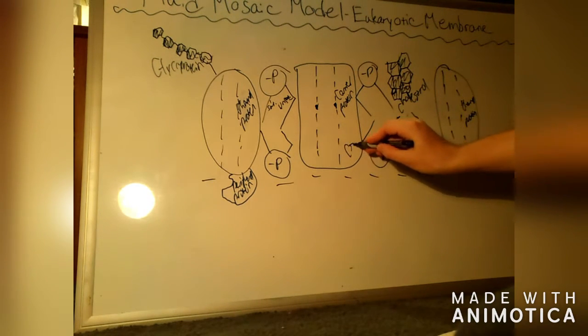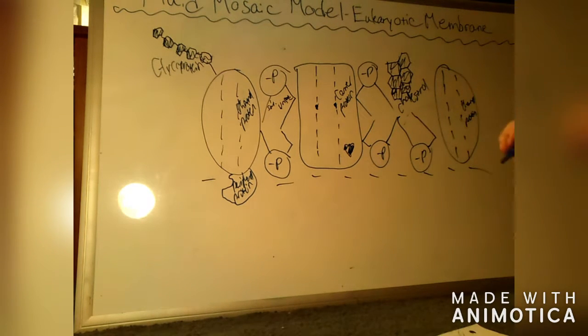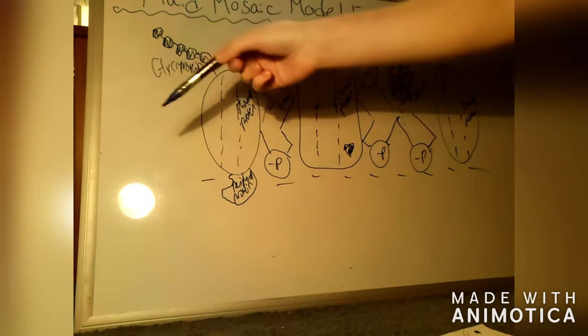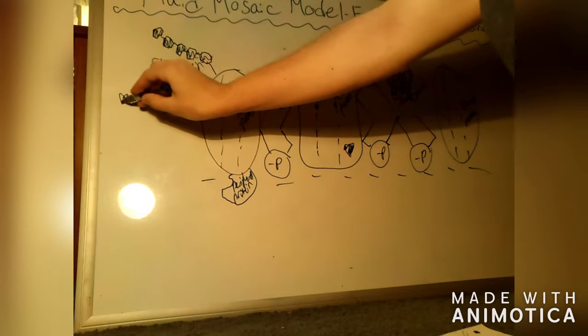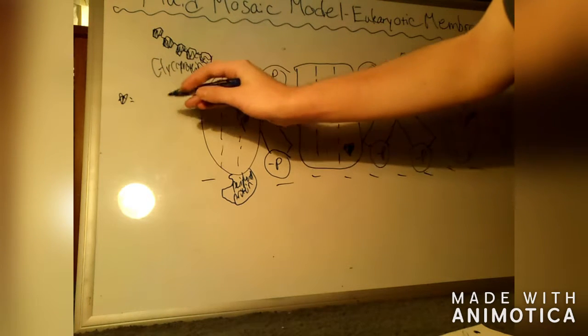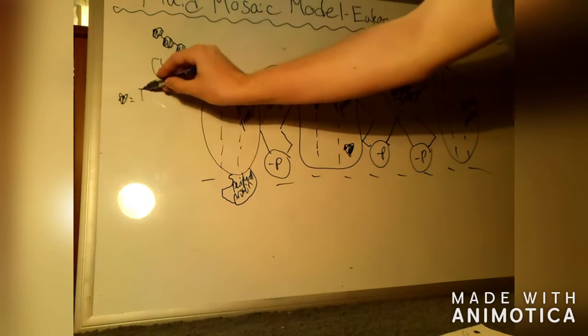So I'm going to use a little symbolism right here, so I'm going to have a little heart. And over here, I'm going to write a little key type of thing. So the heart equals integral and transport proteins.